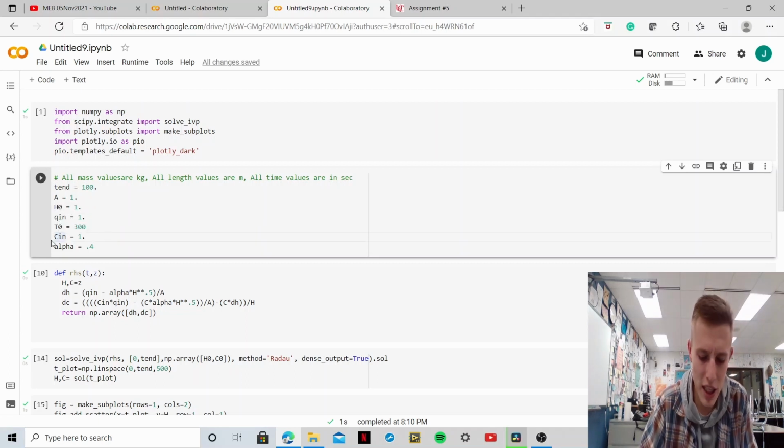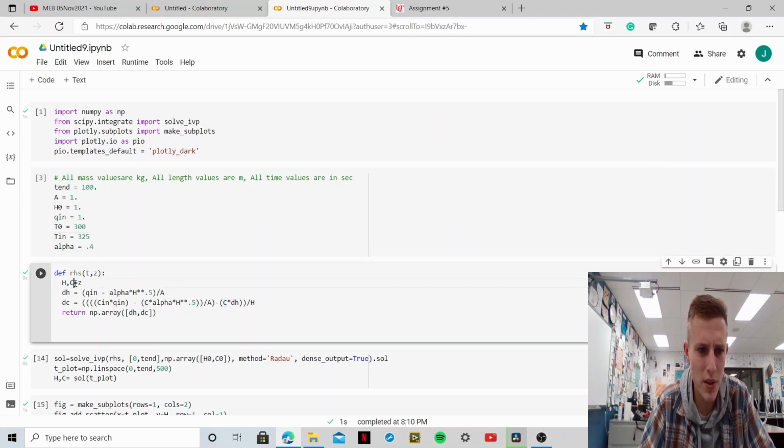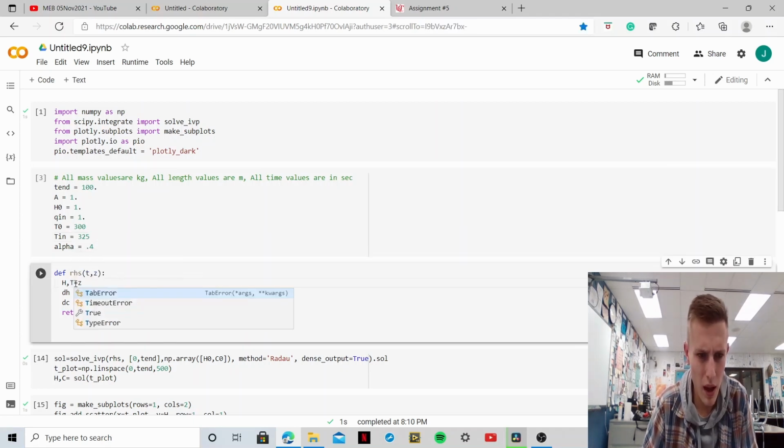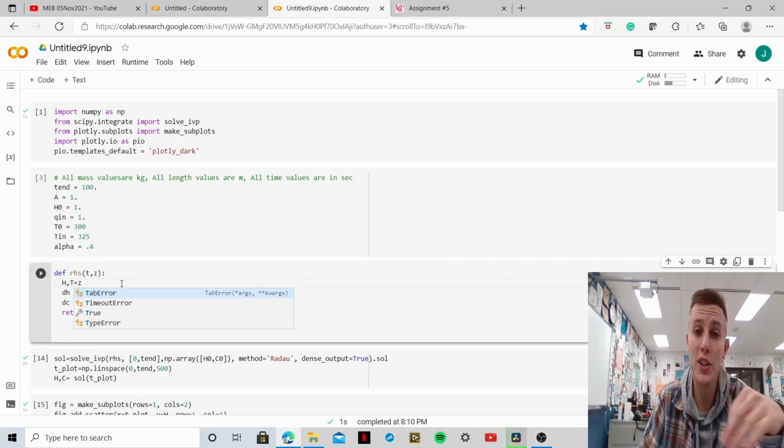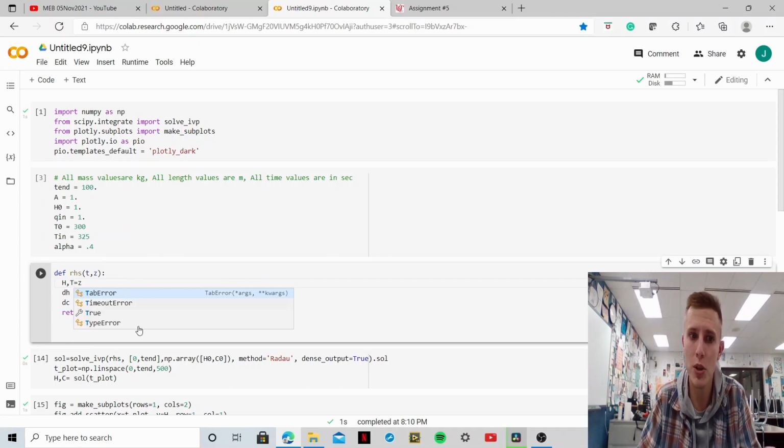And then our temperature coming in, the water coming into the tank, was 325 Kelvin. And everything else stays the same here. So now all we have to do is go down to these equations and substitute out whatever was the concentration and change in the temperatures.